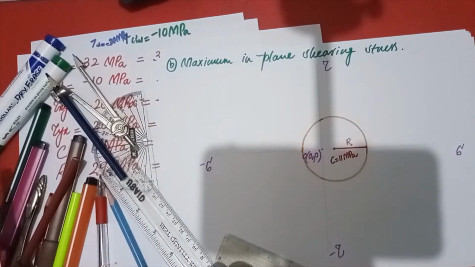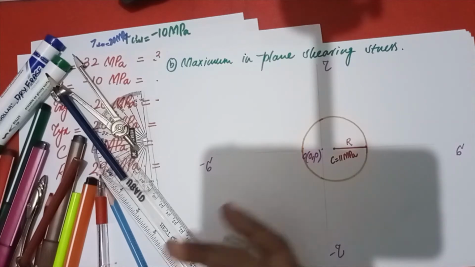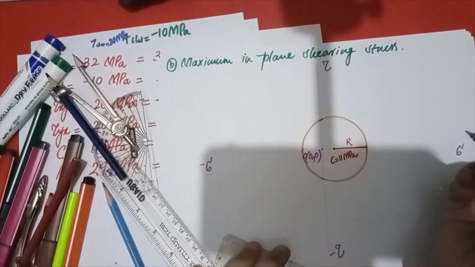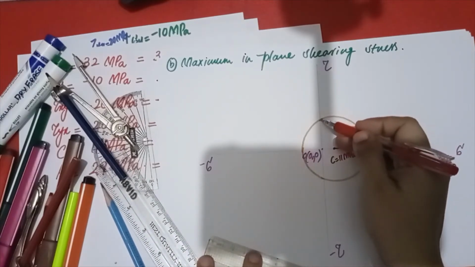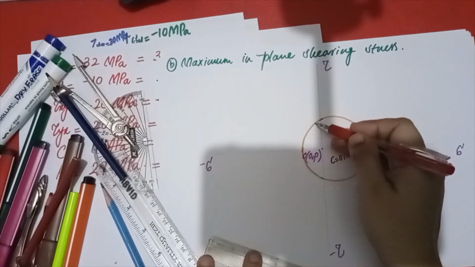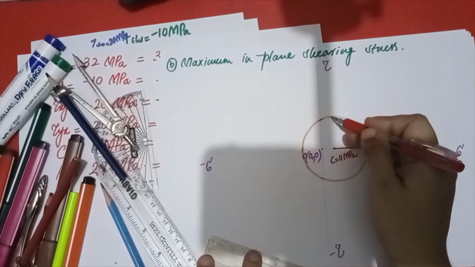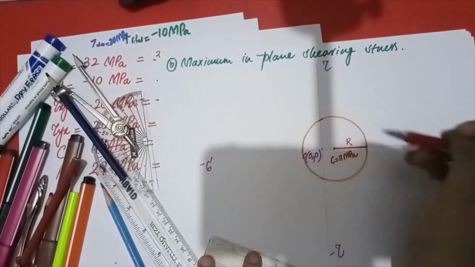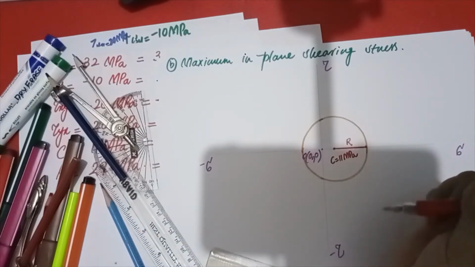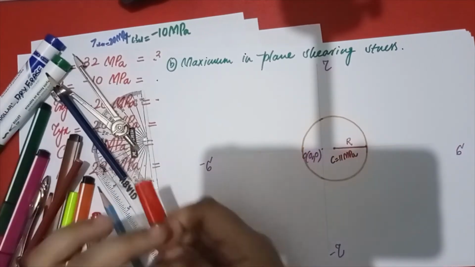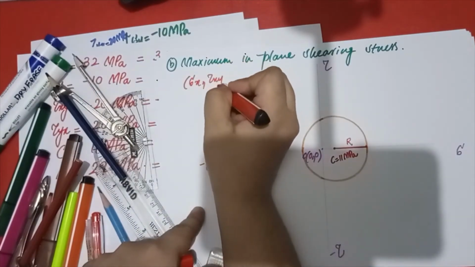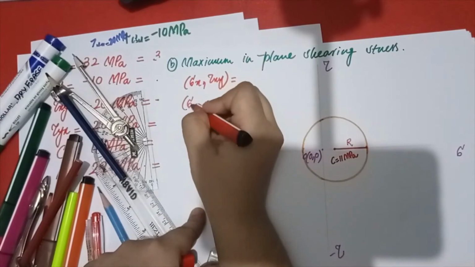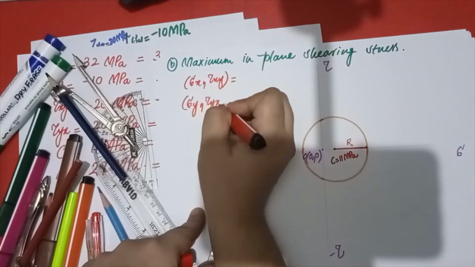So in the next step, I will have to plot those coordinates which were given in the question, and keep in mind where your maximum shear stress will be. So your circle is passing through this plane, but your maximum stress will be here. So let me write it down. Sigma x comma tau xy, sigma y comma tau yx.